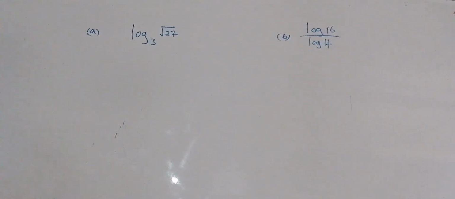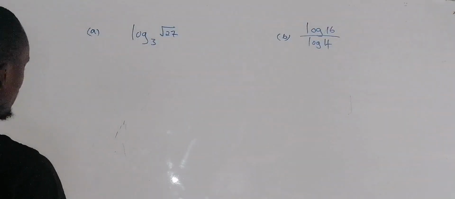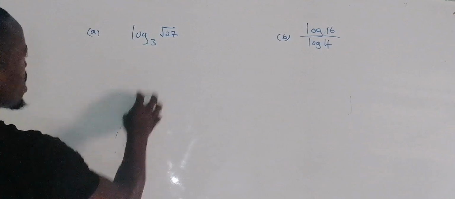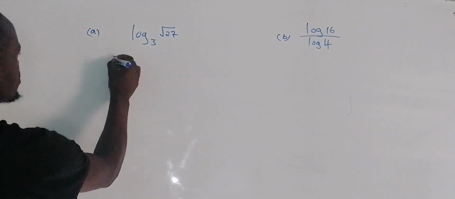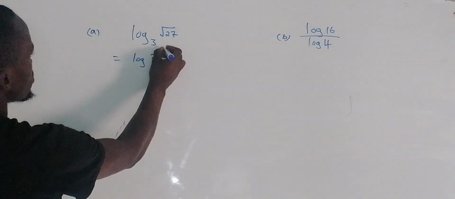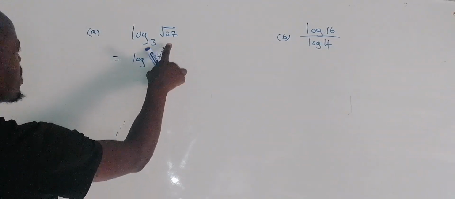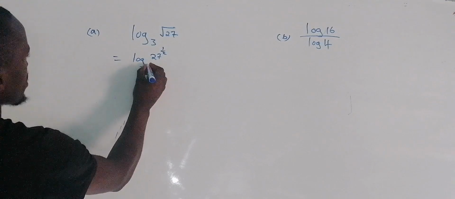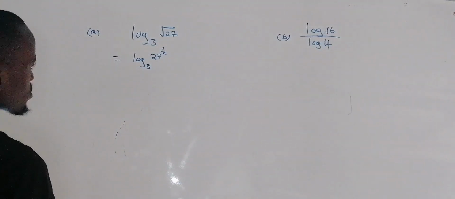Alright, let's try to simplify this. This is the base and that's an exponent, so we have to fix this. So it will be log 27 to the power 1 over 2. Remember, this and this is one and the same thing, right? Base 3.